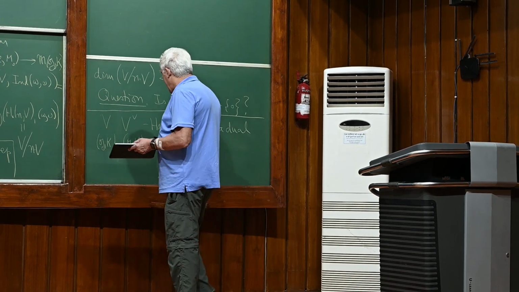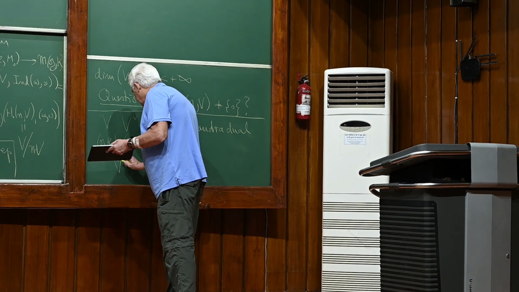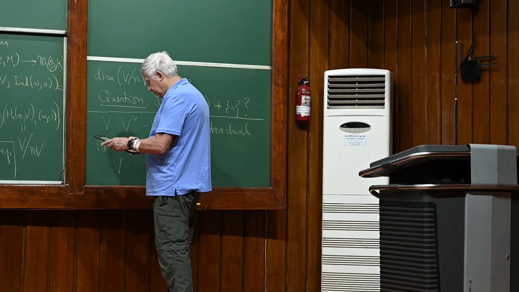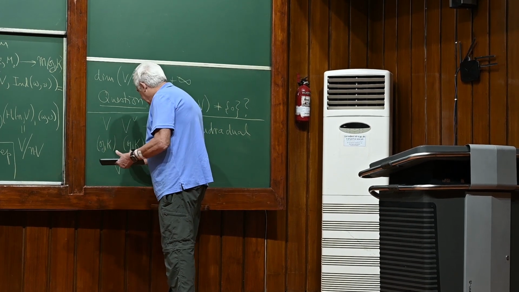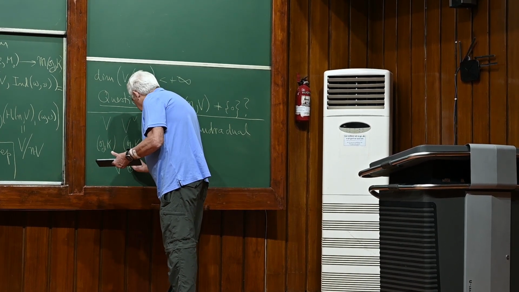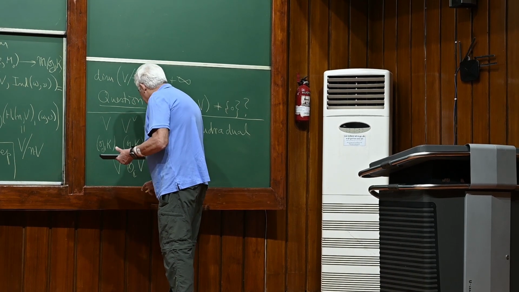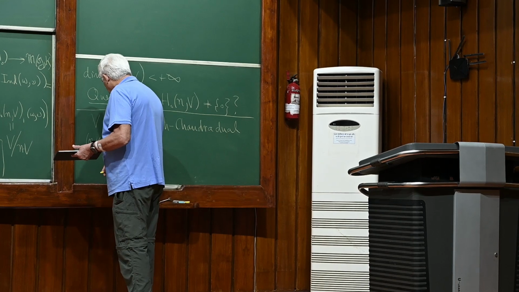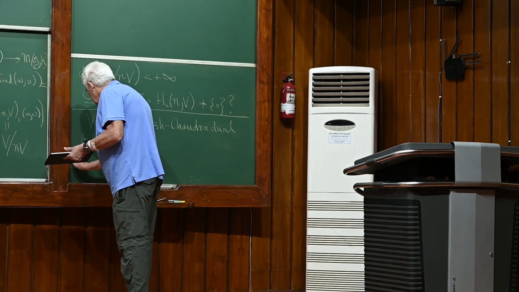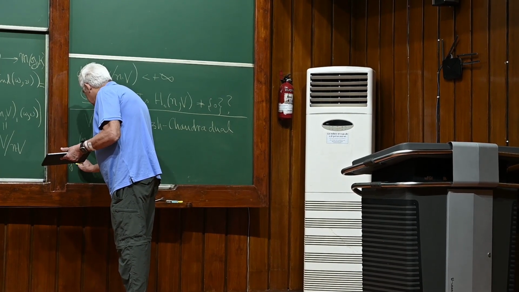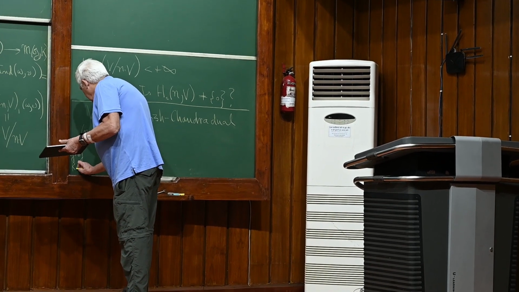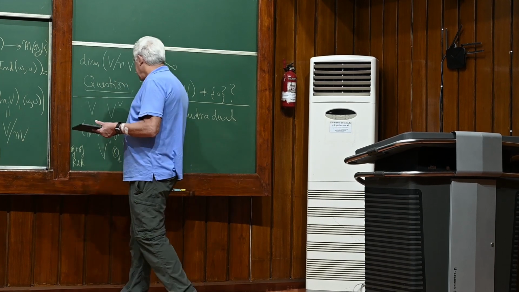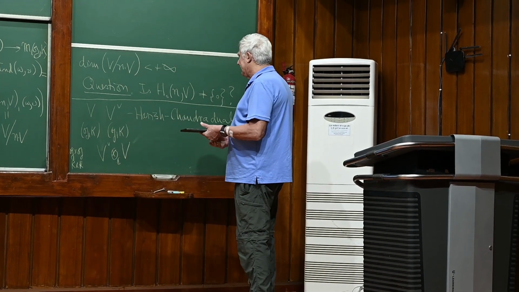Therefore, I can form a tensor product, taking the tensor over C of B-check and B, and I can view it as a G cross G, K cross K module with one copy acting on one variable, the other on the other variable.